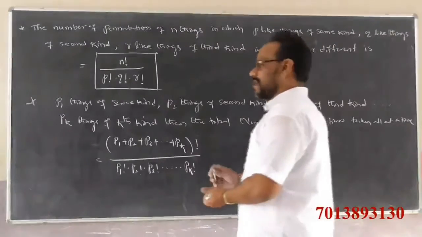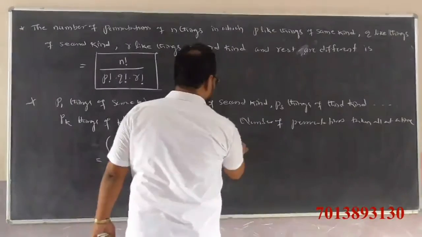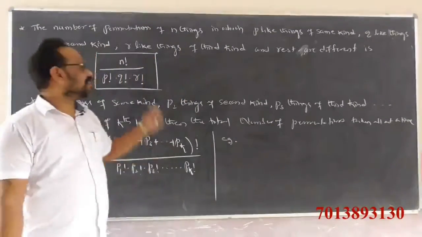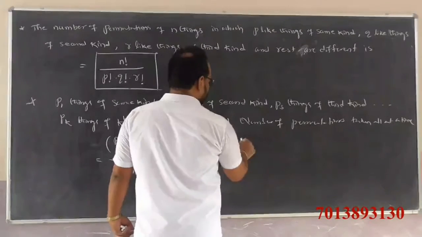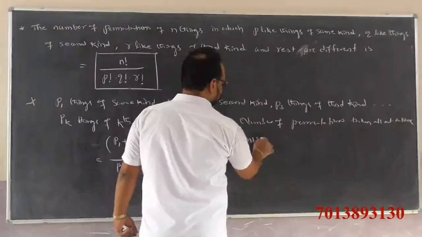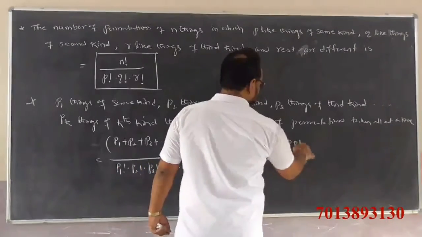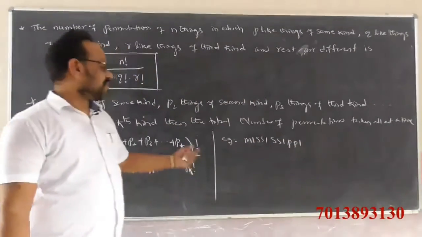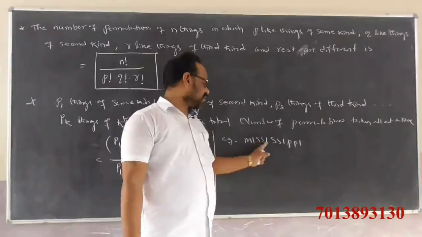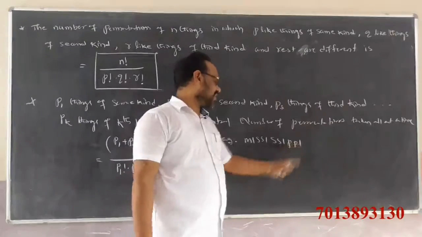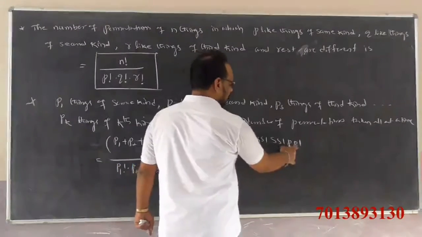Let us discuss one example here. Find the permutations of the letters of the word Mississippi. Counting the letters: 1, 2, 3, 4, 5, 6, 7, 8, 9, 10, 11.